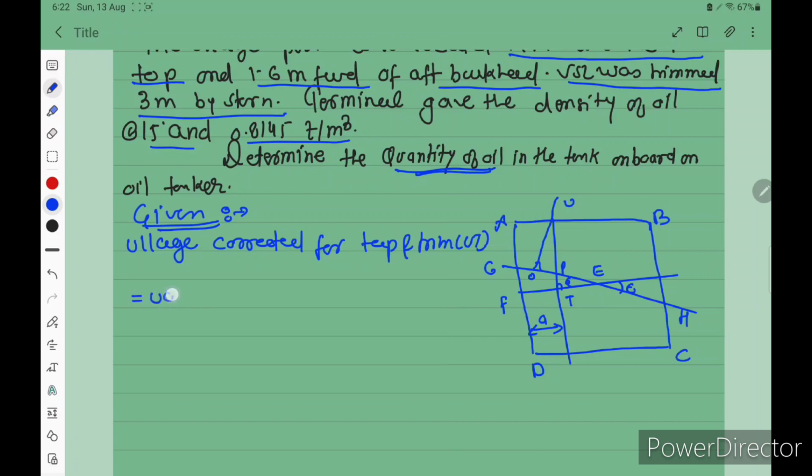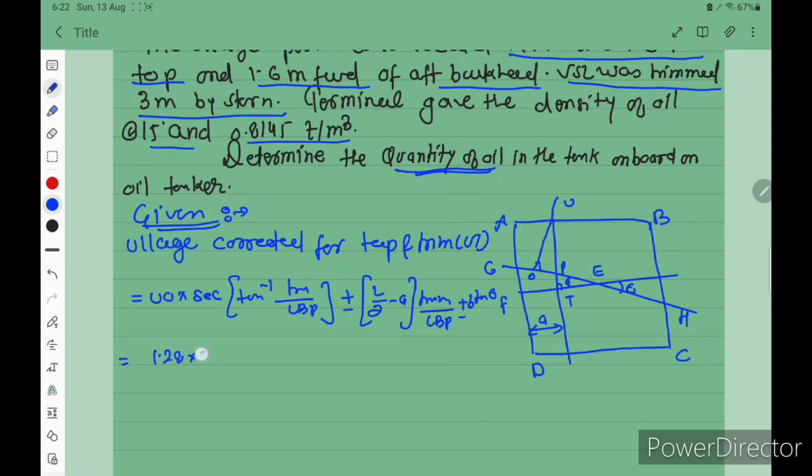The formula is UO into sec tan inverse trim by LBP, plus or minus the trim formula L by 2 minus A trim by LBP, plus or minus B tan theta, the list formula. So put the values: 1.28 into sec tan inverse 3 divided by 200 LBP.